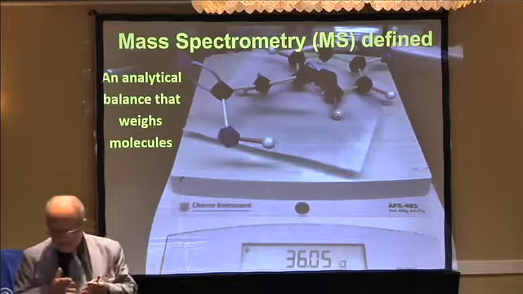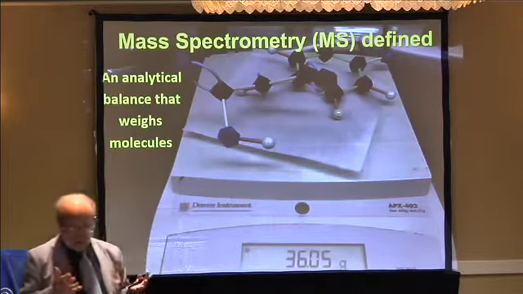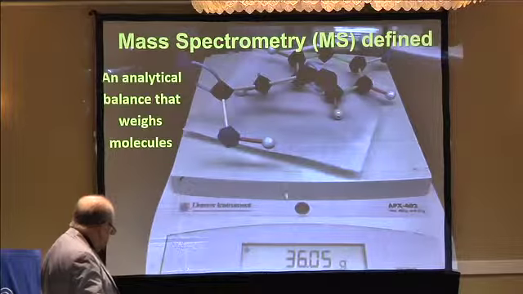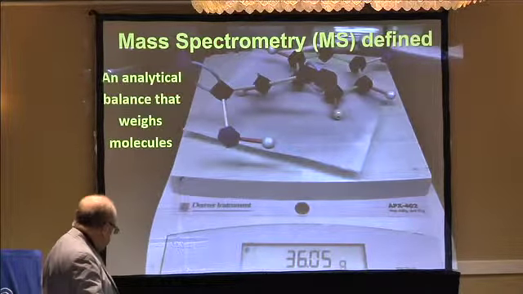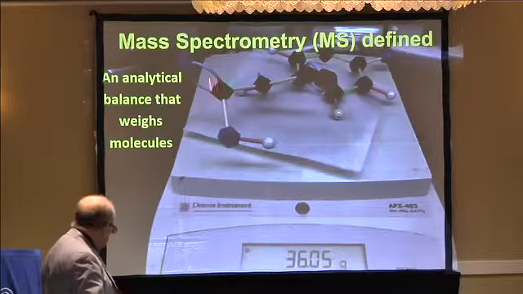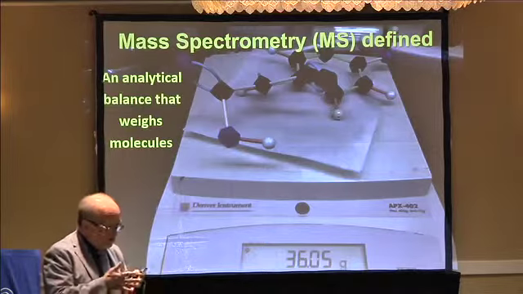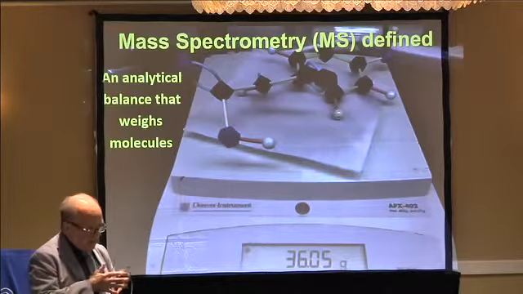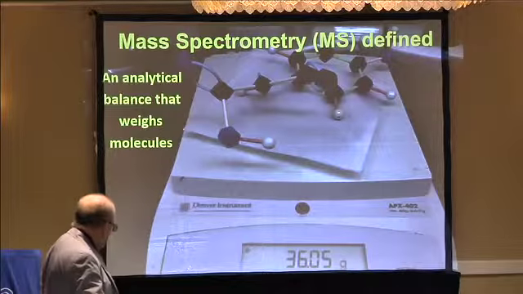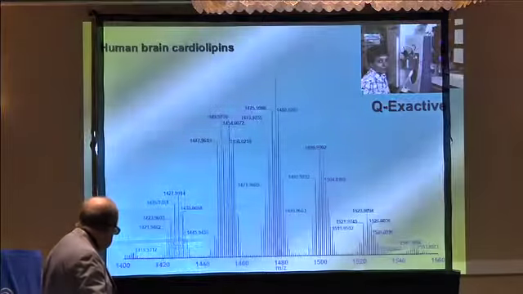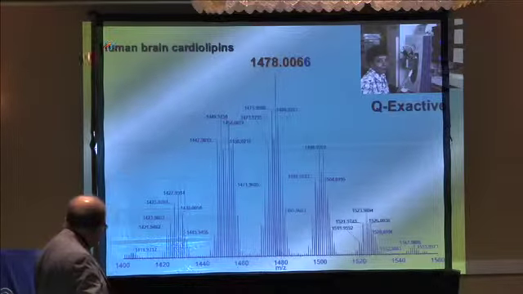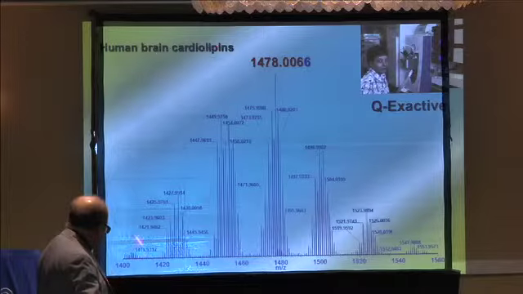So how do you deal with this universe and ocean of different molecules? How do you assess them? The easiest, and lately one of the most powerful technologies, is mass spectrometry. Essentially, you weigh these molecules with very high accuracy, and then you can identify them by fragmentation and looking at their breakdown products. That's a typical spectrum of human brain cardiolipins.